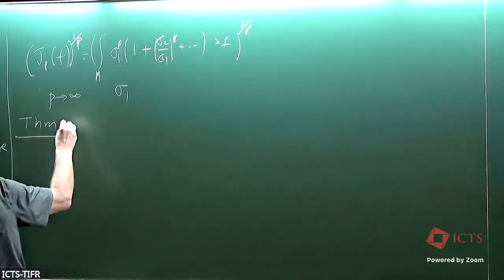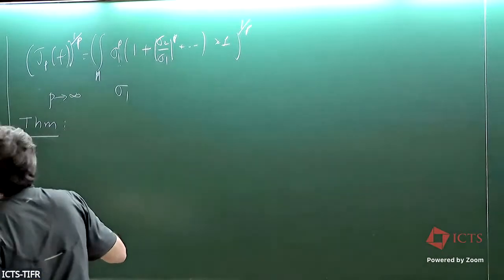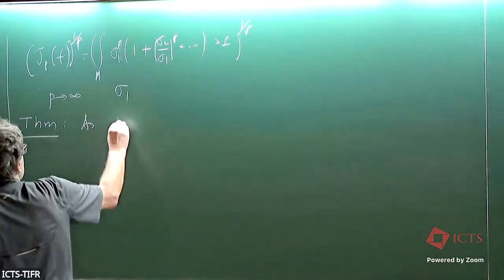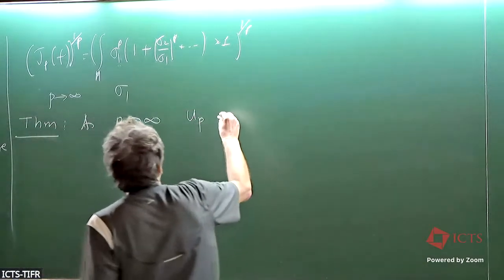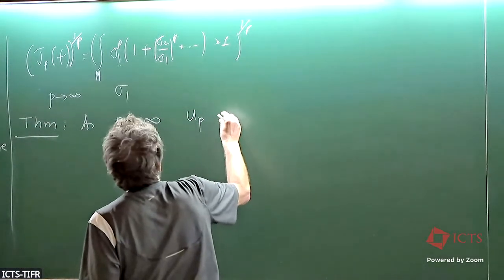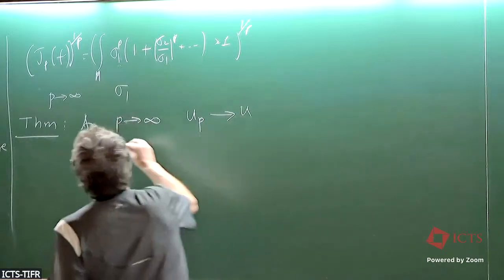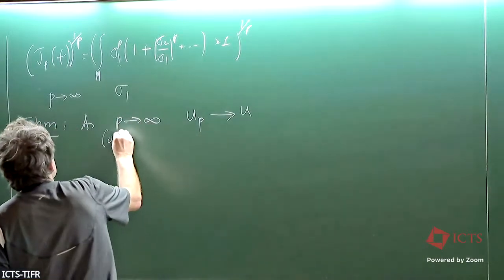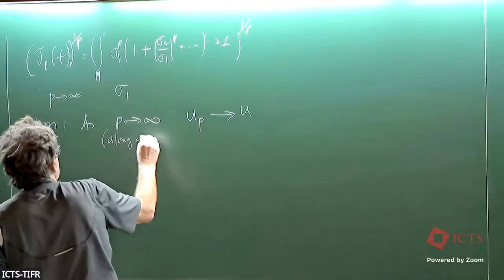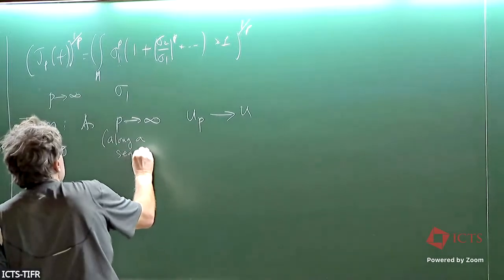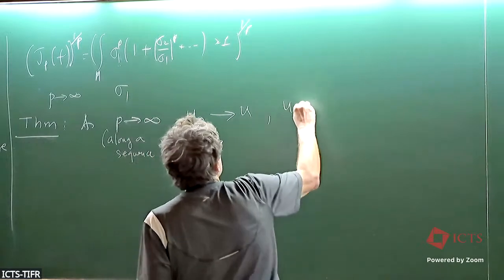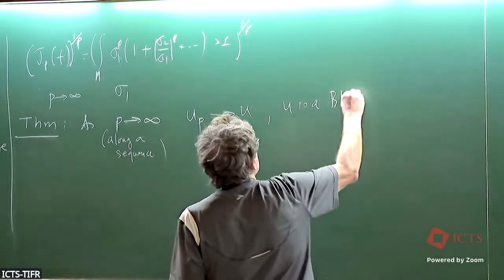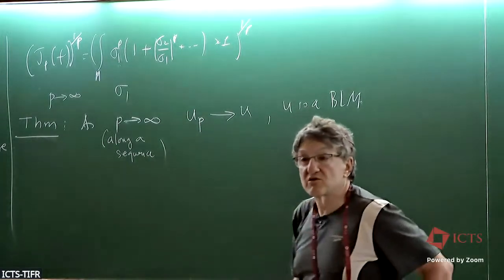And the theorem, this is rigorous, the theorem that we proved is that in fact, as P goes to infinity, UP converges to U. But this is only along a sequence. U is a best Lipschitz map, which we're going to call infinity harmonic.